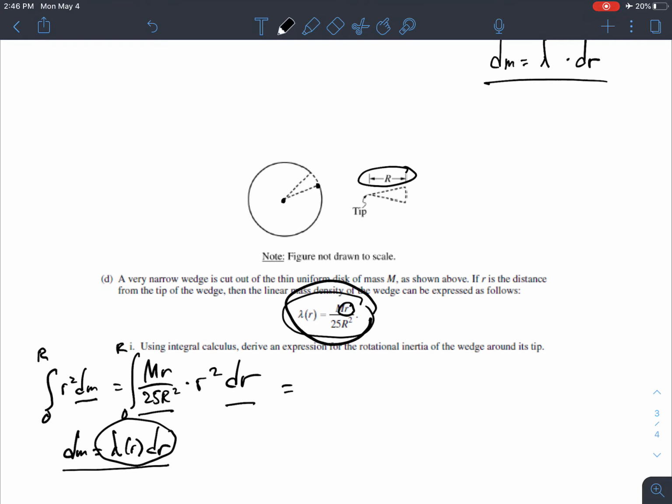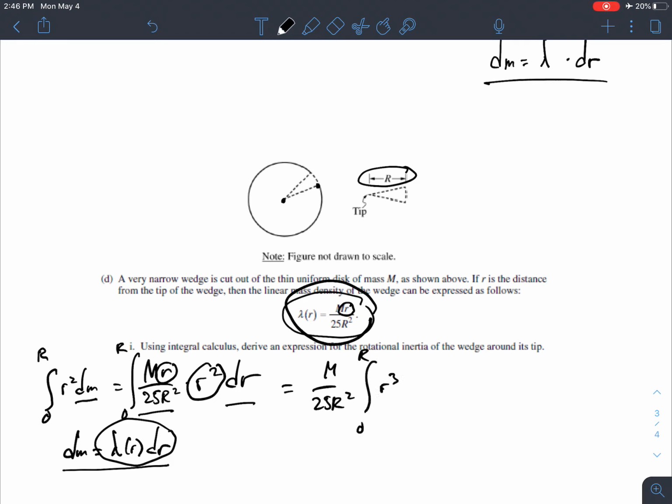Now, what's a constant and what's not a constant? That will make it a little easier. The M and the 25 R squared are constants. And then this r and these.